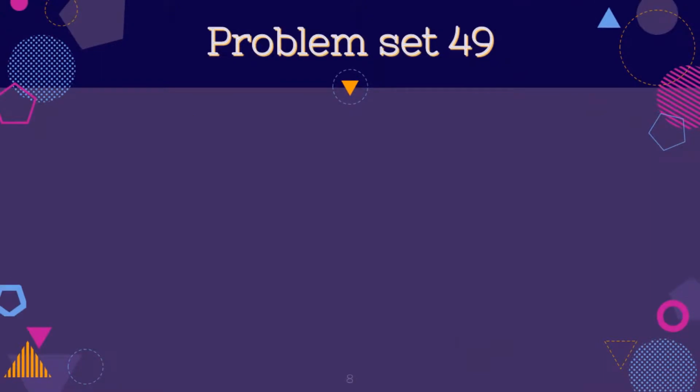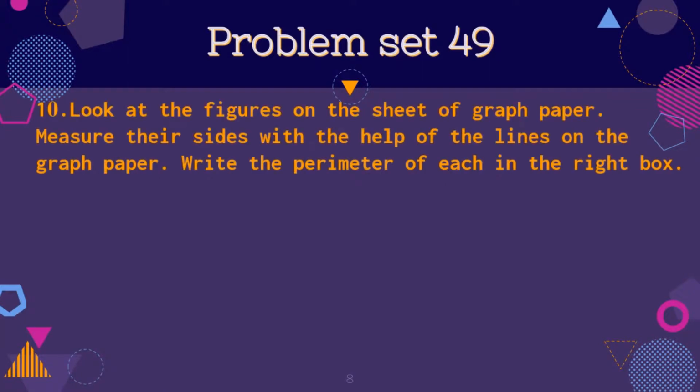Next question is, look at the figures on the sheet of graph paper. Measure their sides with the help of the lines on the graph paper. Write the perimeter of each in the right box.